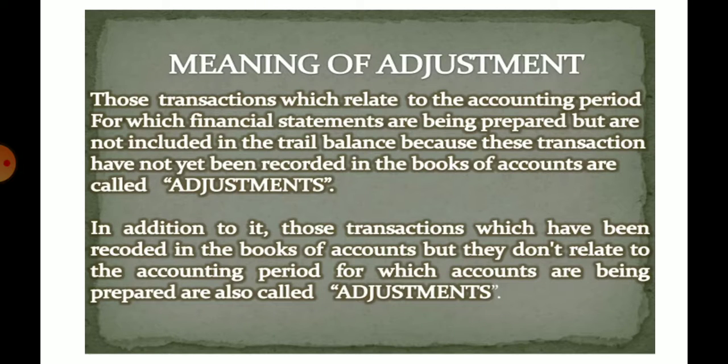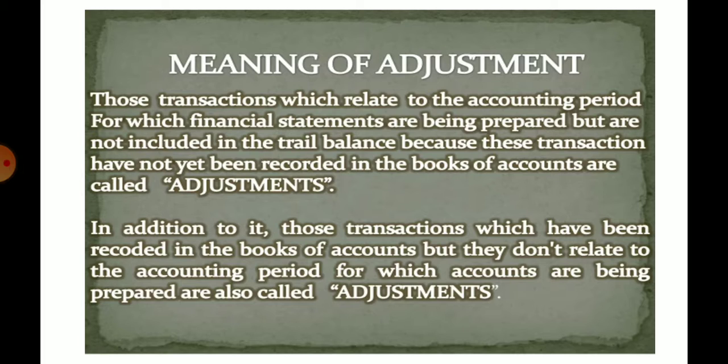Meaning of adjustments: those transactions which are related to the accounting period for which the financial statements are being prepared but are not included in the trial balance because the transaction had not been recorded in the books of accounts are called adjustments.